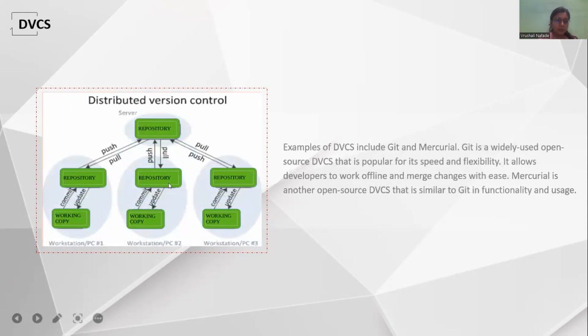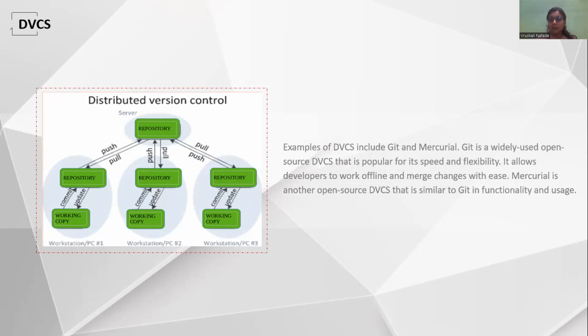And this is the flow diagram of the distributed version control system. This is the central repository, and these are the local copies of the central repository. And these are the clients which will make changes, and they will first update the local copy. And after updating the local copy, they will make changes into the central repository. Examples of DVCS include Git and Mercurial.